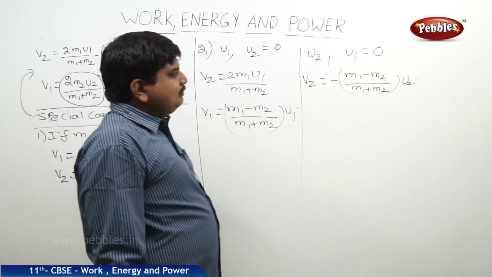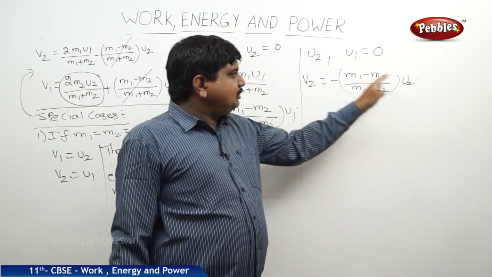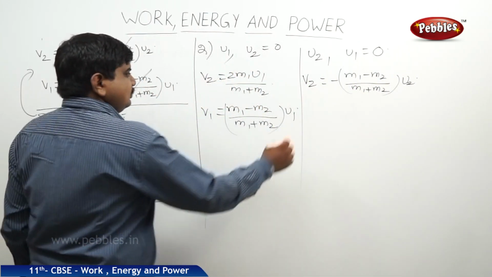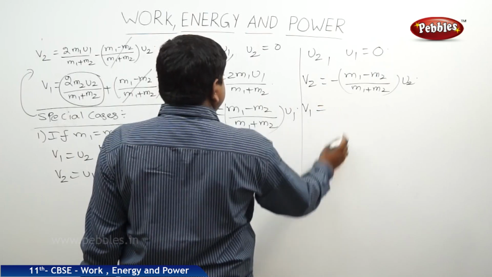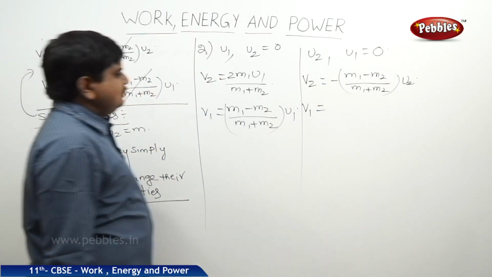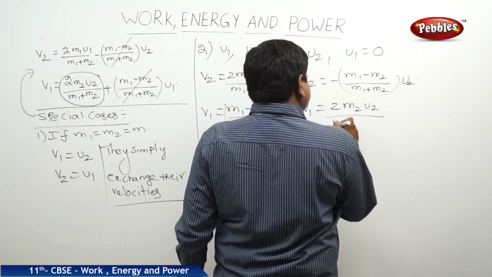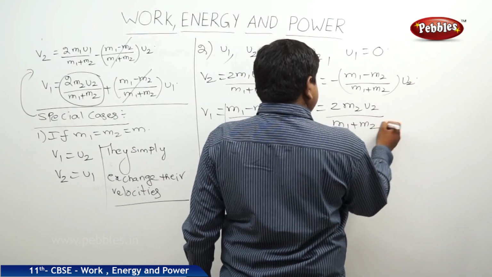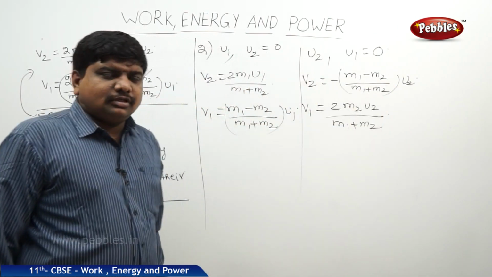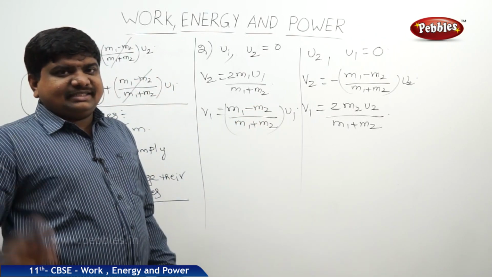This means the second body will move with the velocity (m1 minus m2) by (m1 plus m2) times u2 in the opposite direction. As well as v1, this part will become 0, and we get the answer. Like this we can understand some special cases. Next we will see the sub cases.